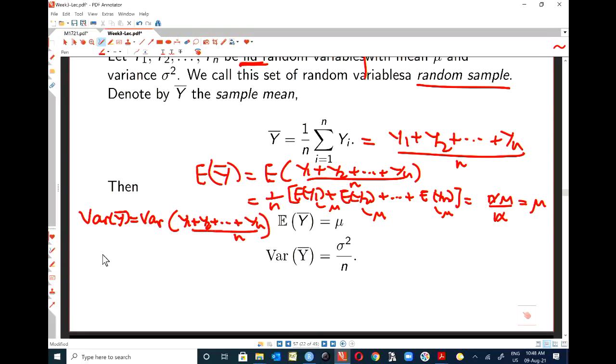Now the constant term here gets squared when it comes outside the variance. And then I have the variance of the first one. Because of independence, the variances simply add. And each of these is simply sigma squared.